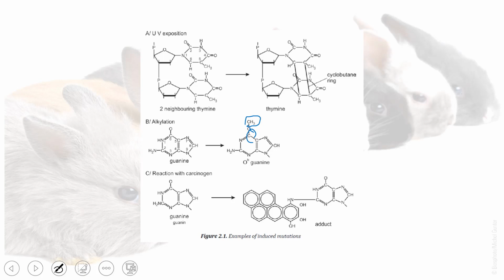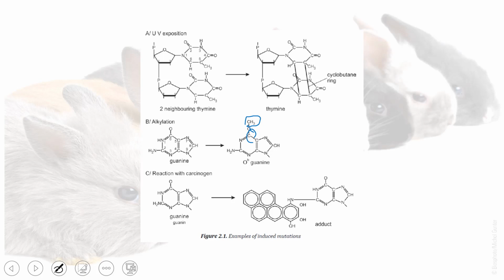The main problem is that this alkylated guanine no longer forms hydrogen bonds with cytosine. Instead, it will form hydrogen bonds with thymine, leading to the wrong base being added to the complementary strand if this residue is on the template.